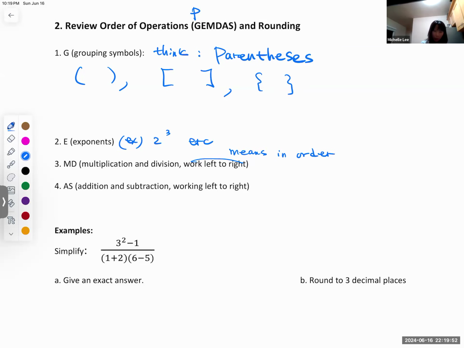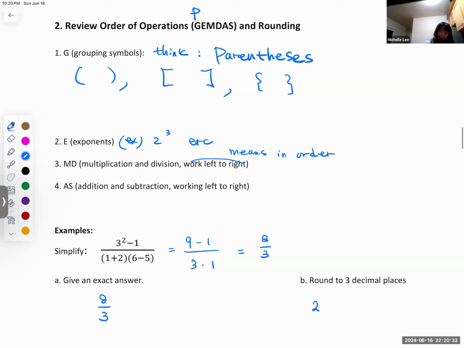So we have 3 squared, which is 9, right? Minus 1 over parentheses. Inside the parentheses, we have a 3 and then a 1, 6 minus 5, and we get 8 over 3, right? They say exact answer, so the exact answer will be 8 over 3. Now 8 over 3 is 2.66666.